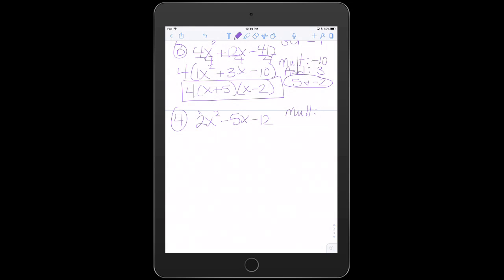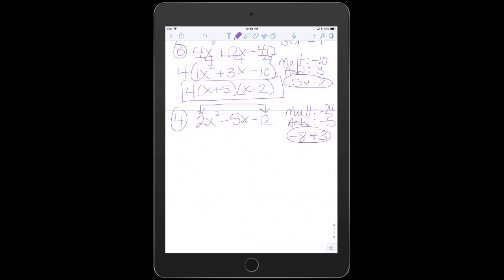I'm looking for two numbers that multiply to a times c, so that's negative 24. Those same two numbers have to add to negative 5. So it looks like that's going to be 8 and 3. One of them has to be negative, so it's going to be negative 8 and positive 3.